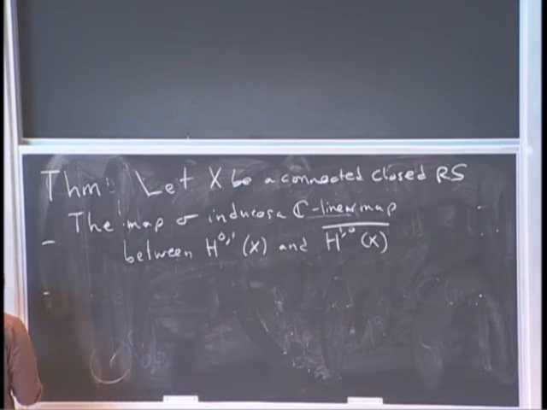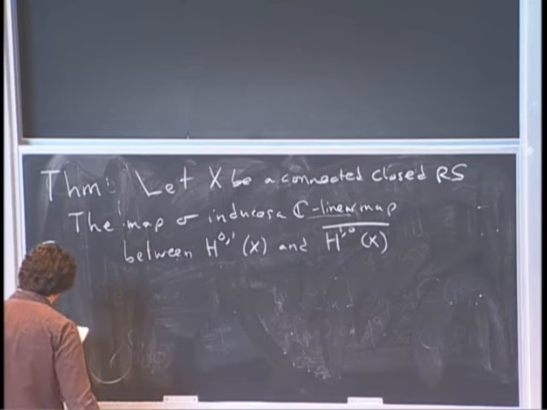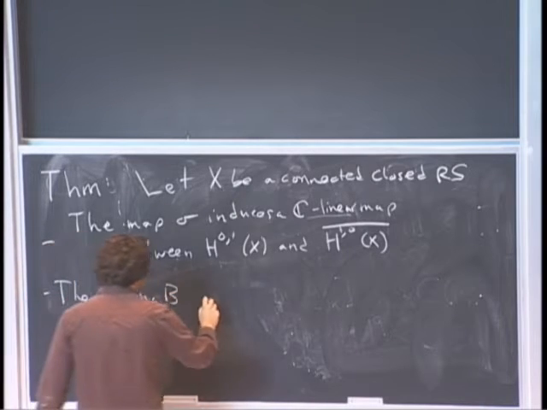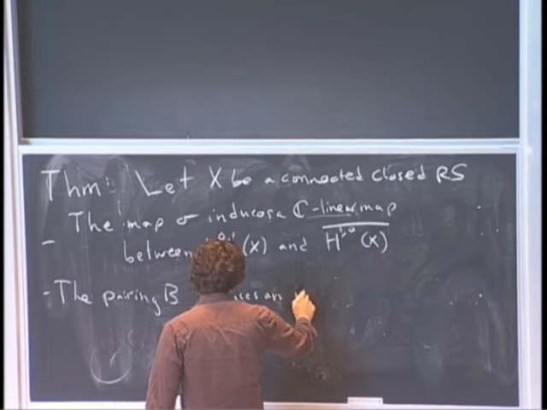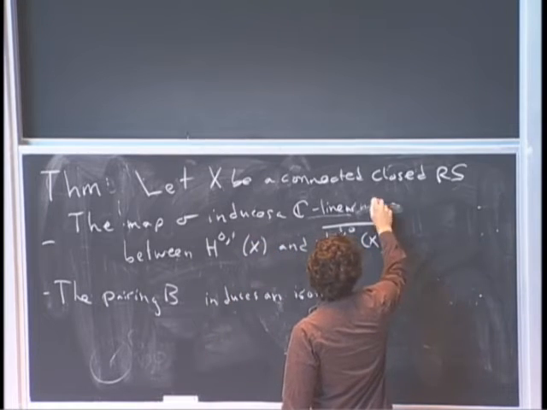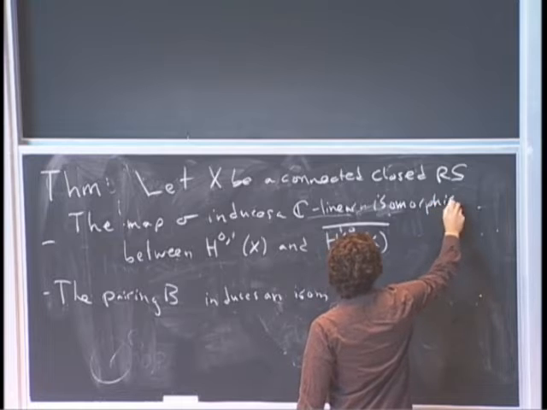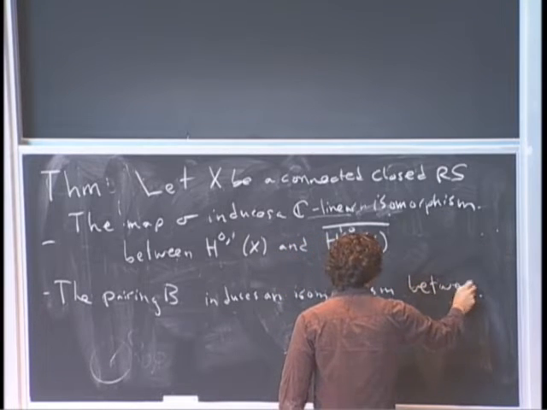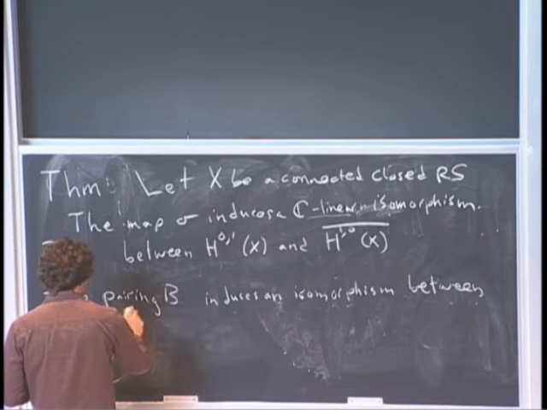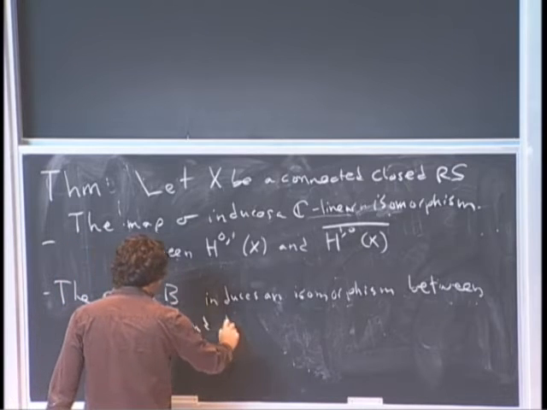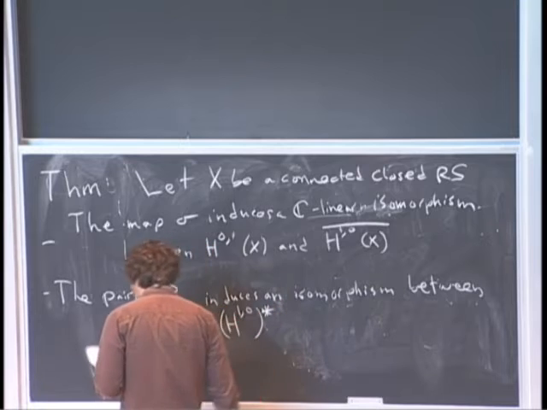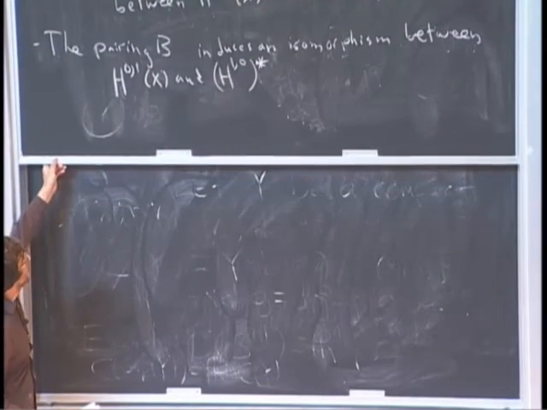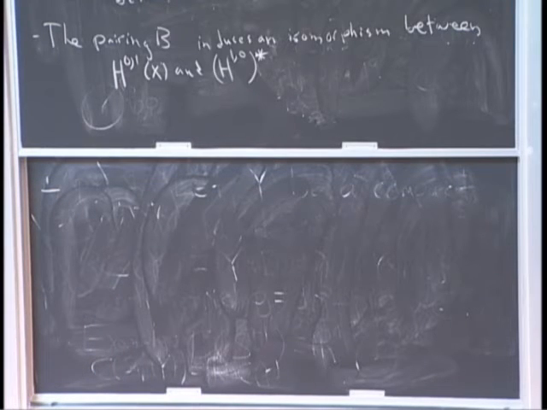The second thing that's true is more interesting: the pairing B induces a C-linear isomorphism, again, between... okay, so these are just saying that basically these two groups are kind of the same.